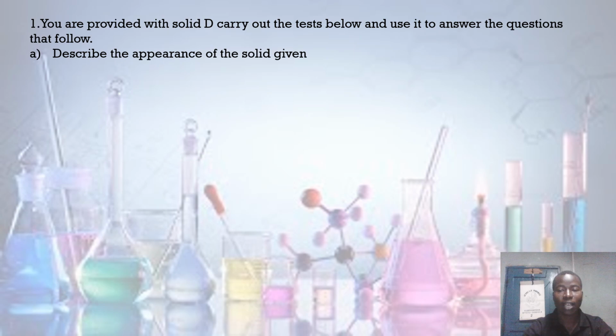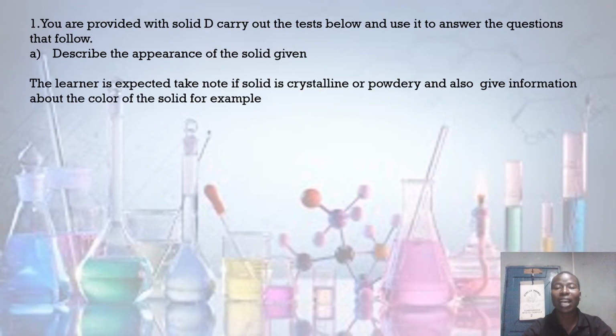When an examiner asks this, the examiner is expecting the learner to look at the solid and tell if it is a crystal or a powder. And number two, the learner is also expected to take note of the color of the solid.